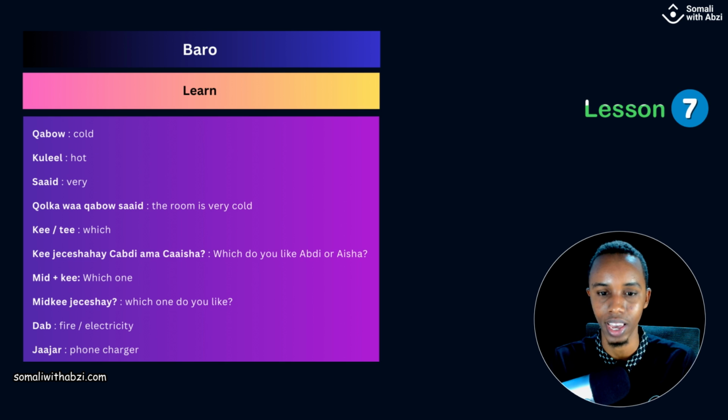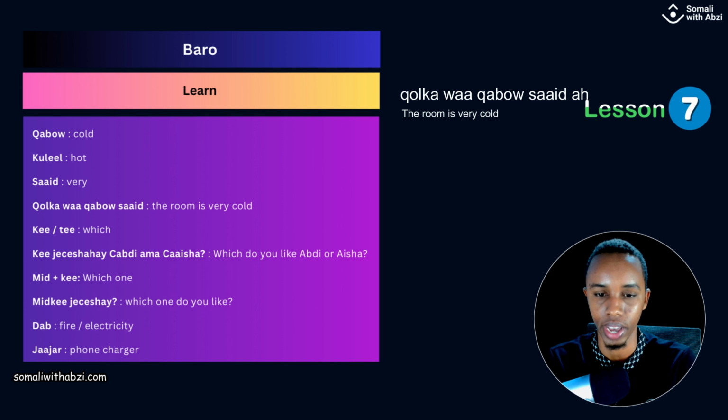Okay, the next one is sa'id. Sa'id in Somali we add sometimes or usually at the end. So for Somali adjectives, usually we add it at the end, and also you can skip it, it's optional. So for example, if I'm going to say the room is very cold, qolka waa qabow sa'id ah. So you can skip it or you can use it, it's fine.